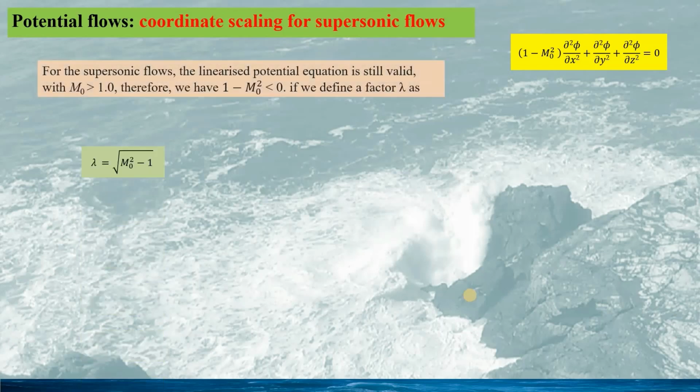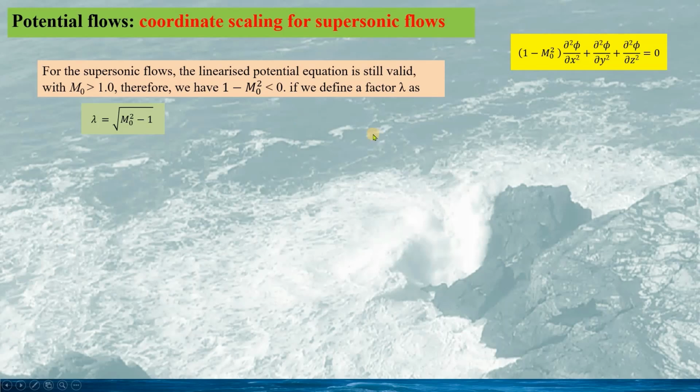As we have mentioned, the linearized potential equation is also valid for supersonic flows when the Mach number is between 1.2 and 5.0. For the supersonic flows, we can see M0 would be larger than 1.0. Therefore, this factor 1 minus M0 squared would be a negative value.